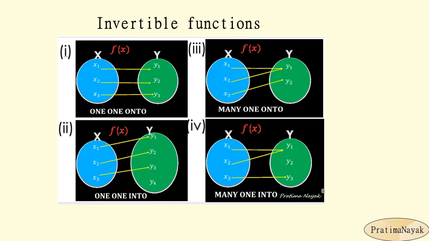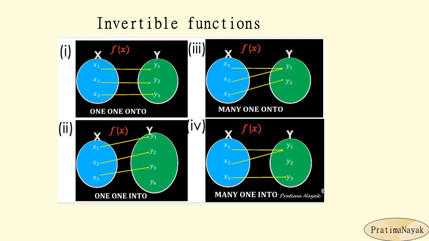So let us see in which cases the function can be defined if we define it from Y to X. Can it be for the first? Yes. Can it be for the second? No, because y4 has no image in X when we define from Y to X. So this will not be a function.